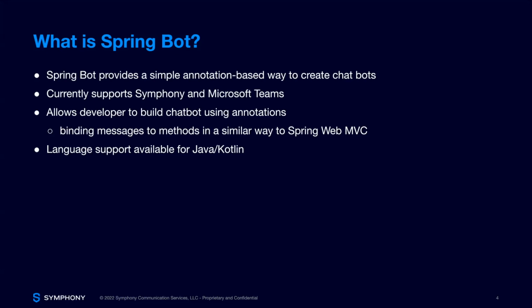It is much like the way Spring Web MVC takes care of all the hidden implementation on the Java end. From the language perspective, it supports Java and Kotlin as of now, and it provides an abstraction level to build bots using the business logic.